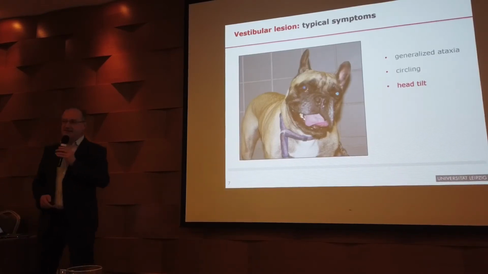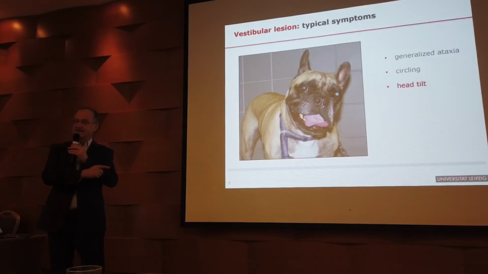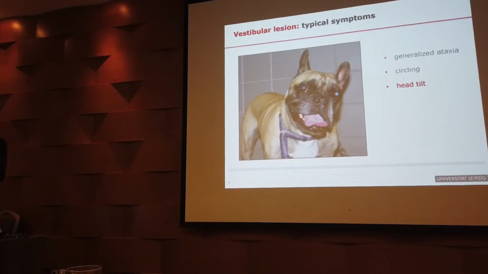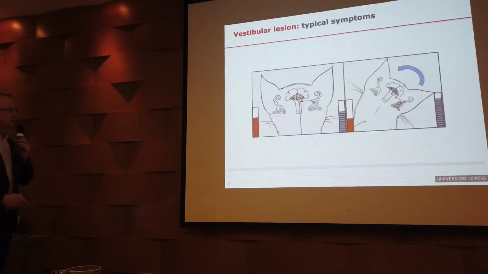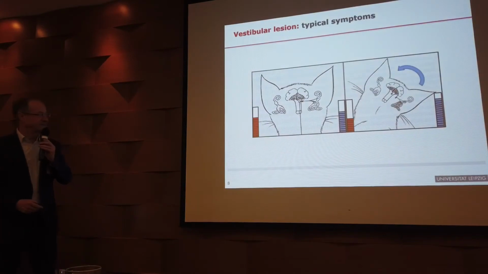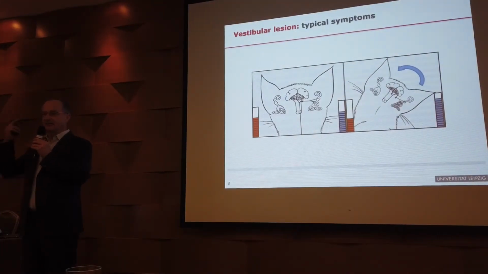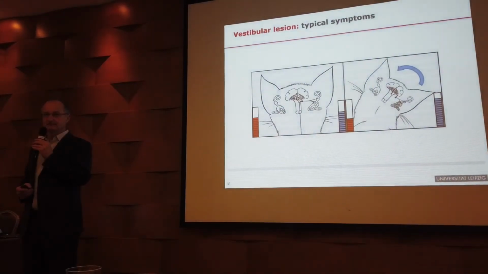I believe the interesting part is that what we see here as abnormal in a patient with a unilateral vestibular disease is actually an appropriate response of the brain to abnormal input. What do I mean by that? Let's assume for a moment we have a normal patient. If we stand upright and if our head is upright, our brain gets input from both sides, from the ears, with the same rate and same frequency.